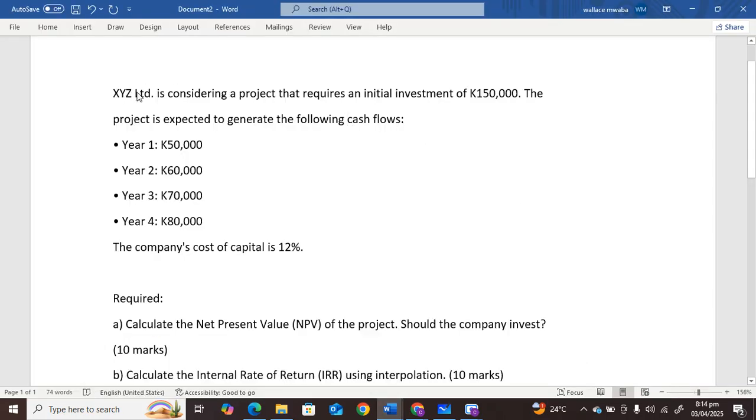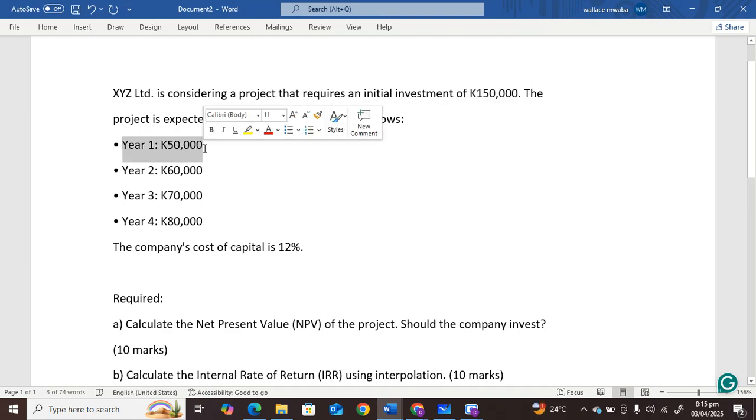XYZ Limited is considering a project that requires an initial investment of 150,000. The project is expected to generate the following cash flows. As I said, we are going to estimate the money that the project is going to bring in the future. If XYZ Limited invests in it, in year one they expect to make 50,000.